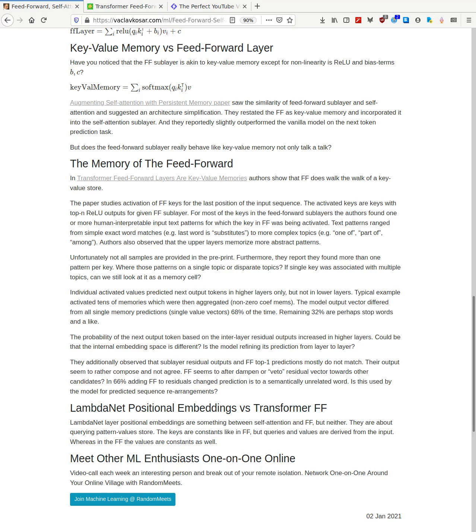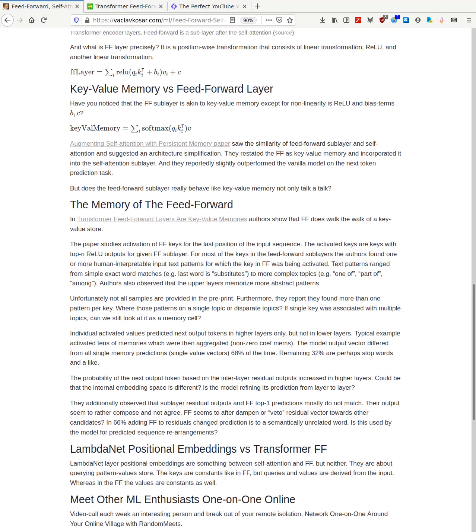If you look at the definition of key-value memory, which at least one paper described in this way, we have a softmax applied to the match of queries and keys, and then we apply values to the result of the softmax. So this is very similar to the previous, right? We only have a difference in the ReLU non-linearity, and the bias terms are not present in the key-value memory.